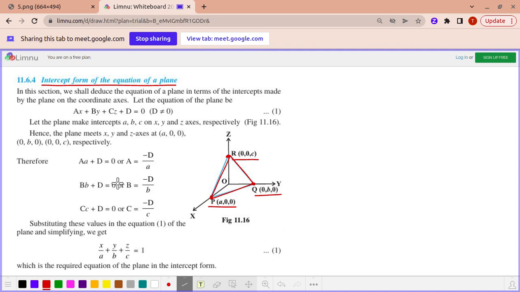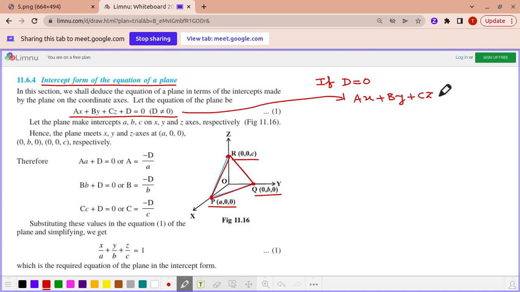So now, dear students, to find the equation of the plane, let us consider the general equation of the plane as ax plus by plus cz plus d equal to 0, where d is not equal to 0. Why is d not equal to 0? If d is equal to 0, then the equation turns out to be ax plus by plus cz equal to 0.